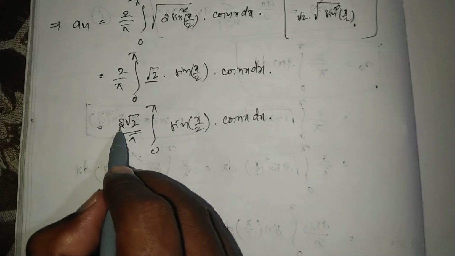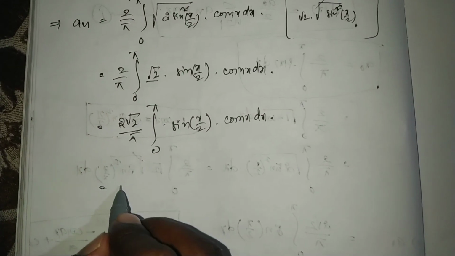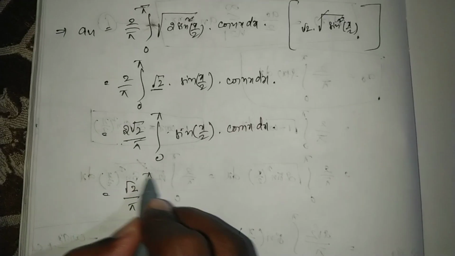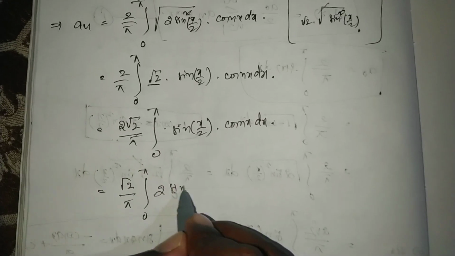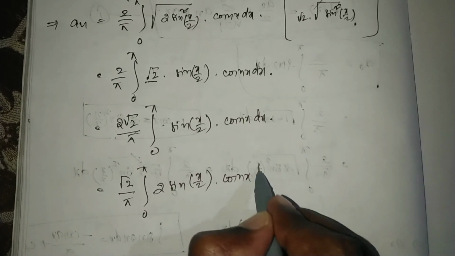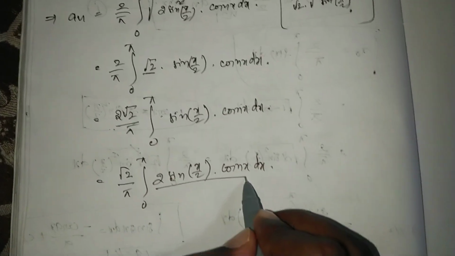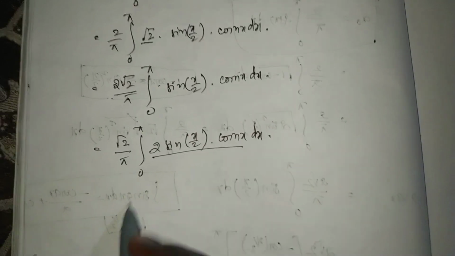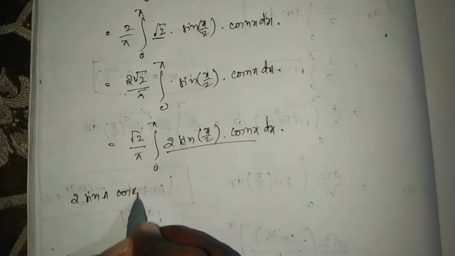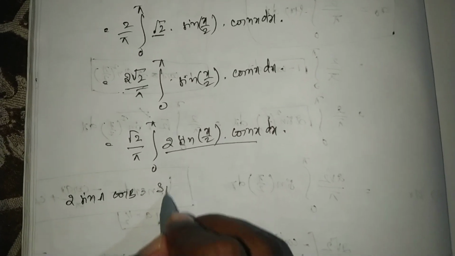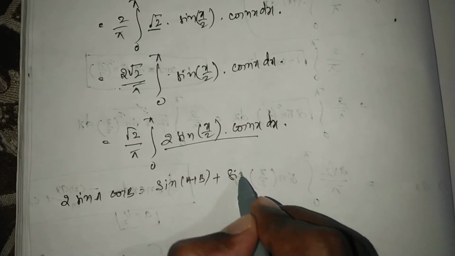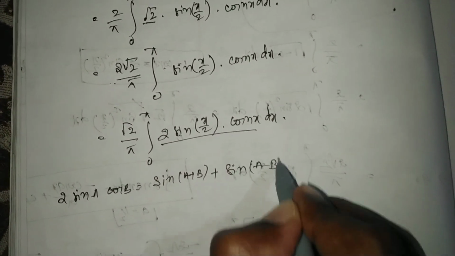Here 2 is constant, bring it inside, then it will be √2/π times the integral from 0 to π of 2 sin(x/2) cos nx dx. If you observe this integrand, it is like 2 sin a cos b, and the formula is sin(a+b) + sin(a−b).